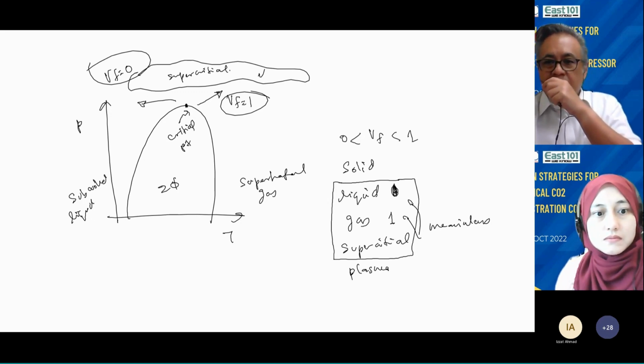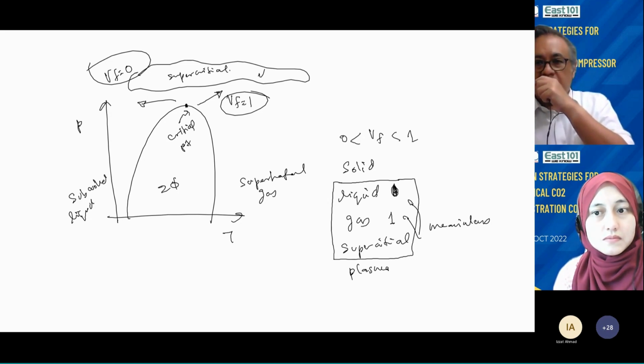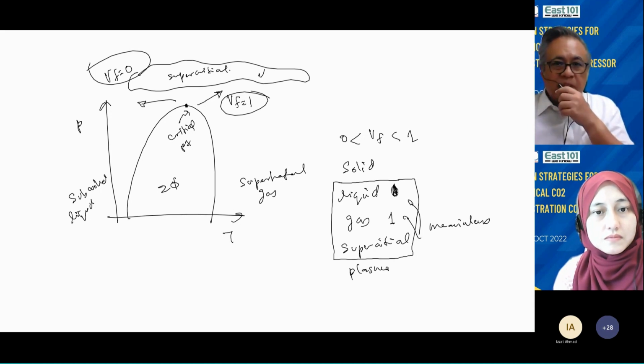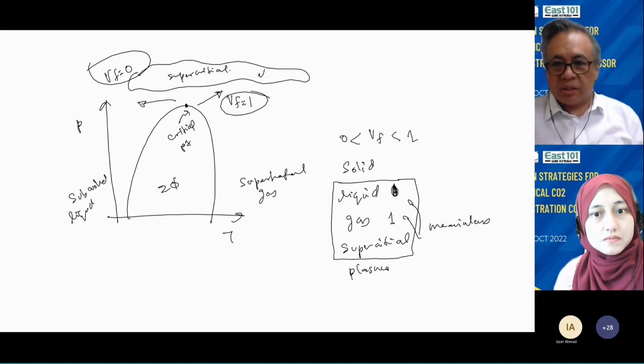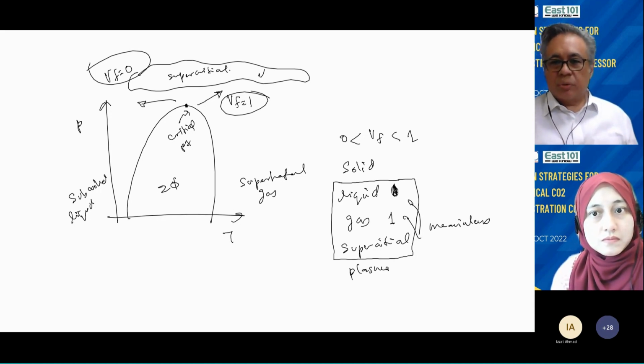So it is not really a liquid. You can't really look at representing this fluid as a liquid because it is not really a liquid. It's a completely different phase. So we treat it as a supercritical fluid and not really a liquid.